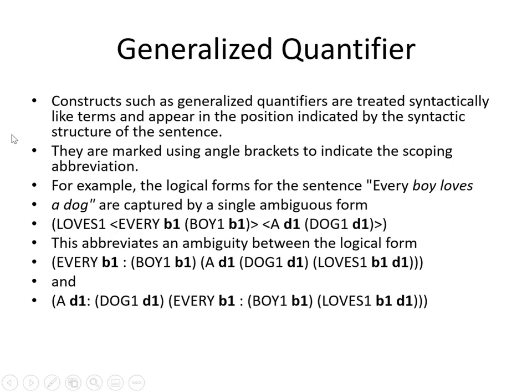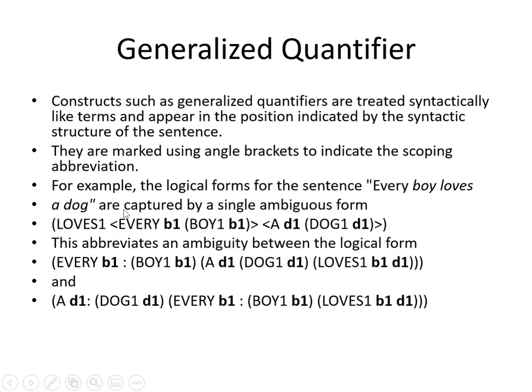Now we'll see if we can represent the quantifiers in a generalized manner. Constructs such as generalized quantifiers are treated syntactically like terms and appear in the position indicated by the syntactic structure of the sentence. Now what do you mean by this? For example, take the sentence, every boy loves a dog.